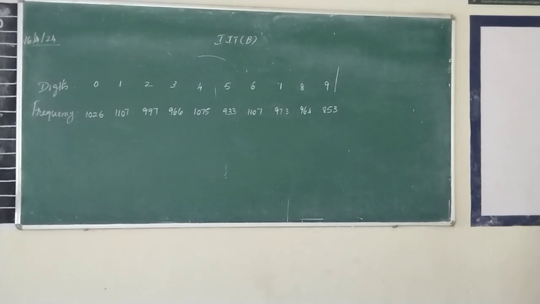H0: the digits are uniformly distributed. H1: the digits are not uniformly distributed.